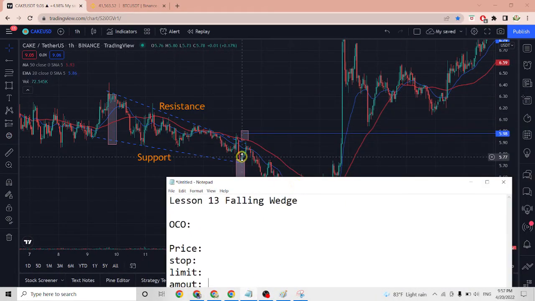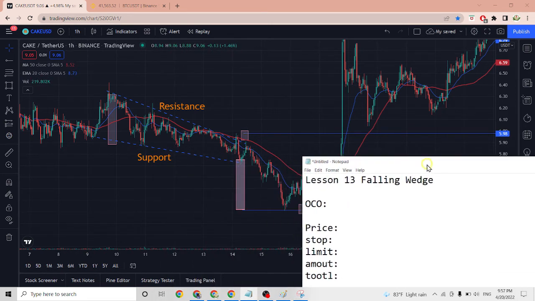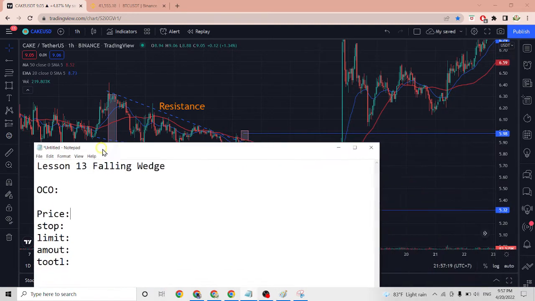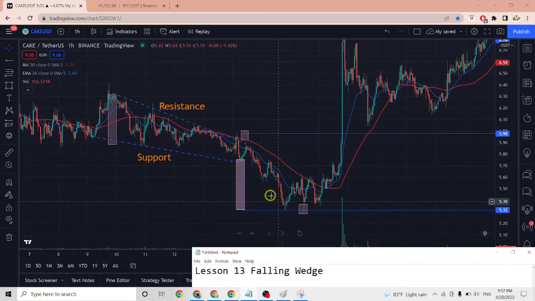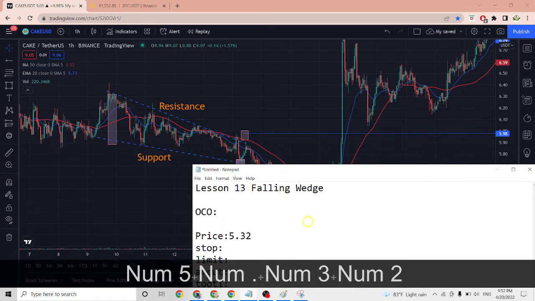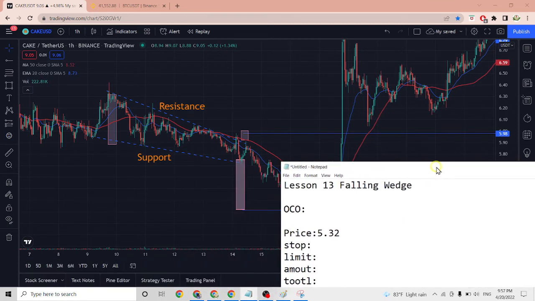So back in our chart. When you do this price, you can set where to buy it. You can set it at the lowest here. If it breaks the support, you can buy this one, 5.32. Okay, and then stop.